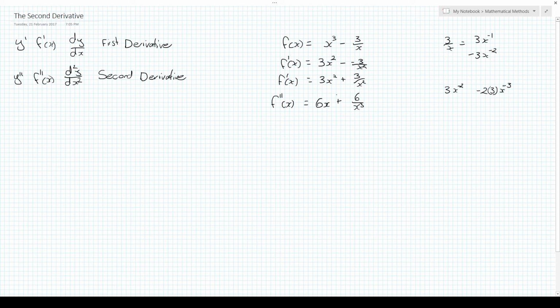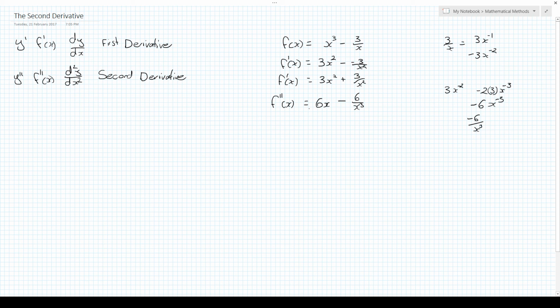Now, that means this here really should be a minus sign. Sorry, I was looking at this, so that really is a minus sign. So, we simplify this. Minus 6 x to the power of minus 3. Minus 3 means it's an inverse of minus 6 over x cubed.